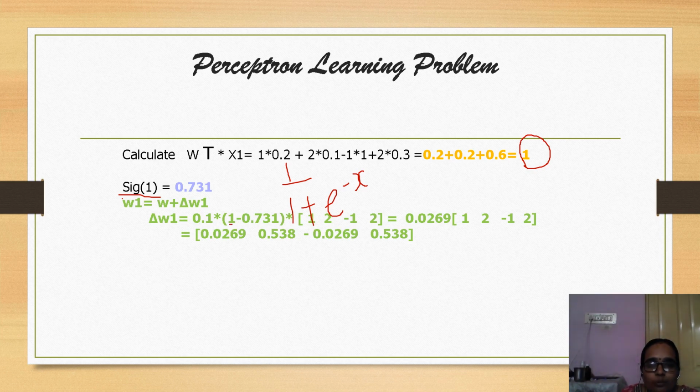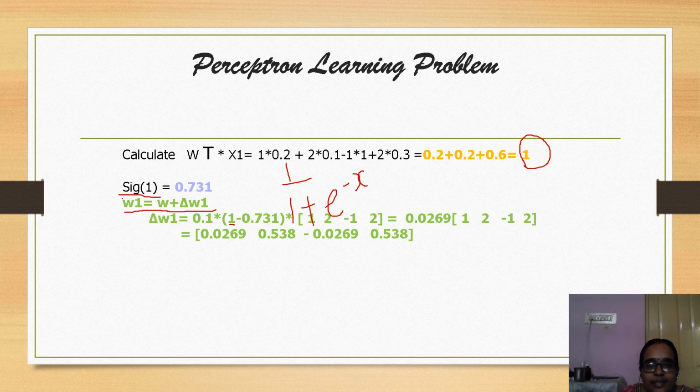So what is our update? Our weight 1 updation value should be the existing weight value plus del W1. Existing weight value means the initial weight, whatever is given, we take as it is. That value should be added with the new value del W1. So how to calculate del W1?